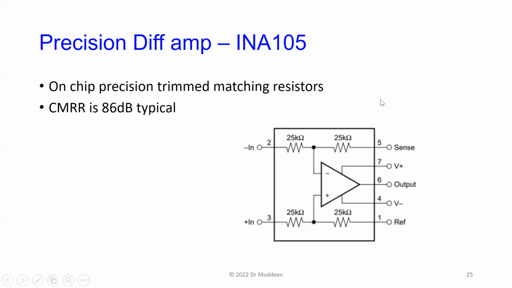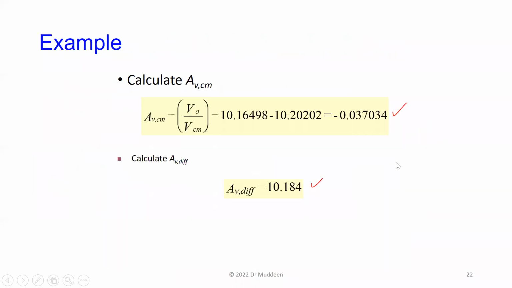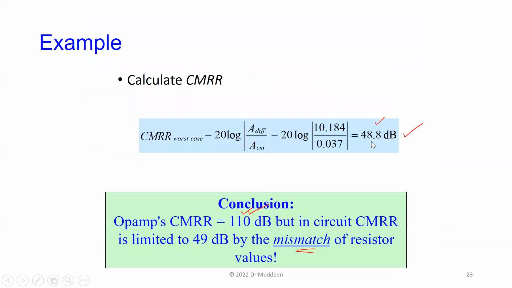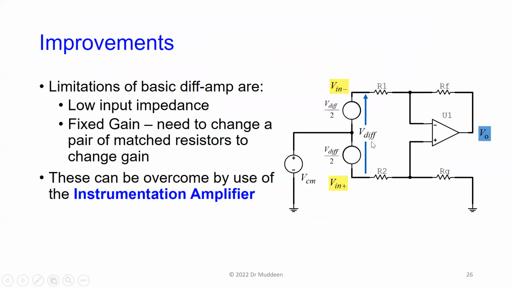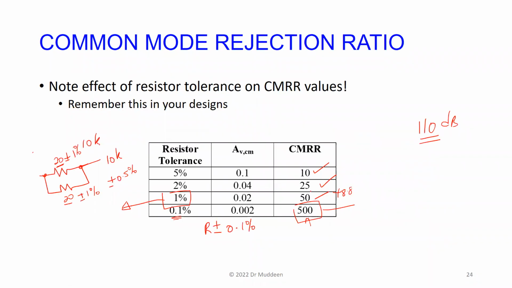So to get around that, instead of trying to make the amplifier using discrete values of R1 and RF and so on, you can of course purchase a commercial unit like the one here. This one has all of the resistors inside the circuit, and the resistors are matched to tolerances of 0.1% or better.